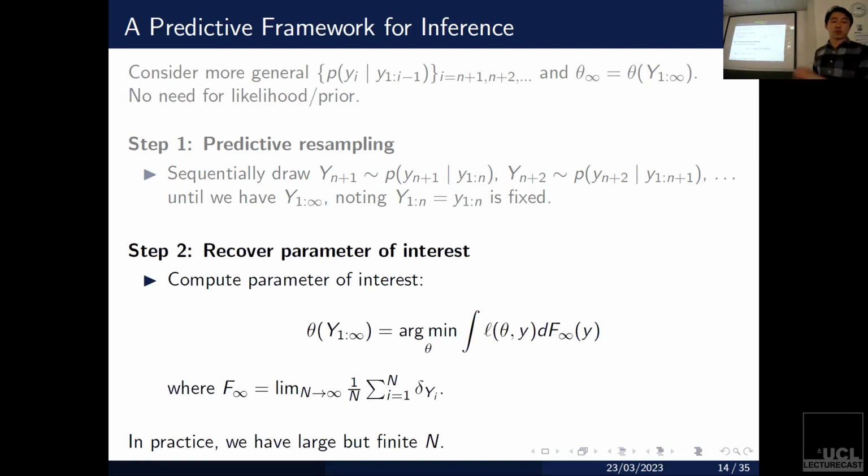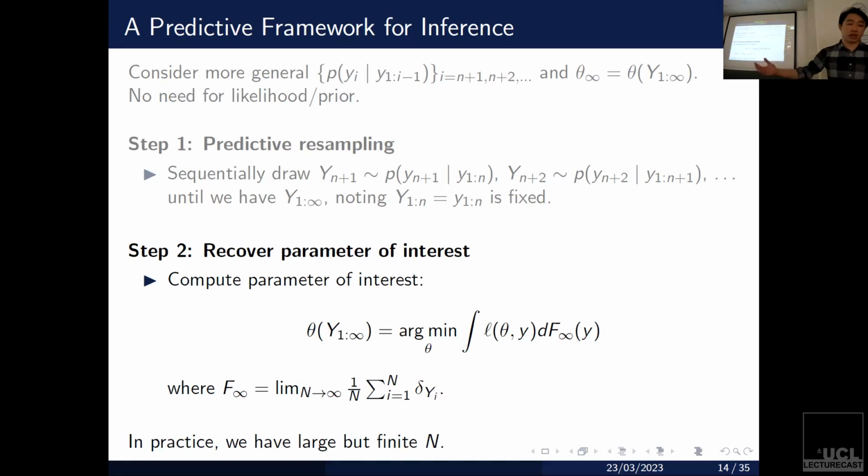So now I'm going to formalize what it means to compute theta of y_1 to infinity, which is vague for now. We're going to be using loss functions, which is quite popular. The idea here is we're going to be minimizing the expectation of some loss function, where the expectation is taken over this F infinity. F infinity is actually going to be the limiting empirical distribution. We're going to see shortly that there are some conditions to make sure this exists. But the intuition is quite clear.